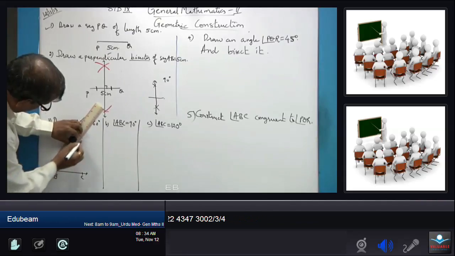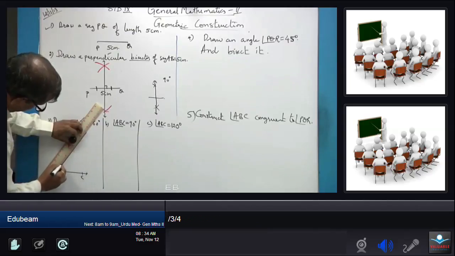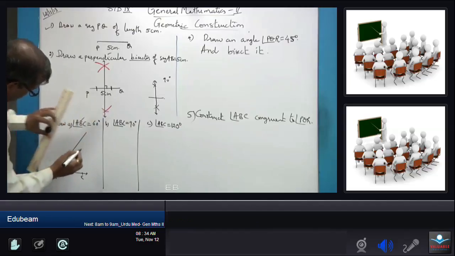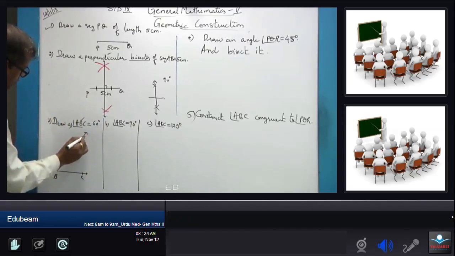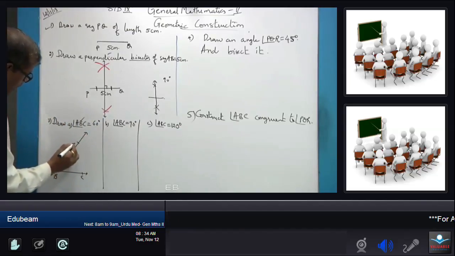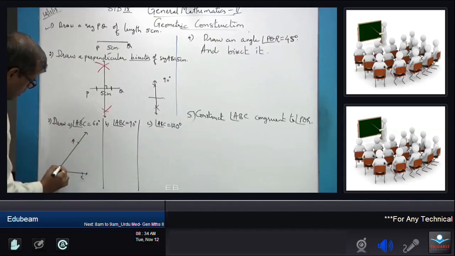Once again, check both are on the 0 and the dot, and then join this P and this dot, and you will get the angle ABC 120 degree.